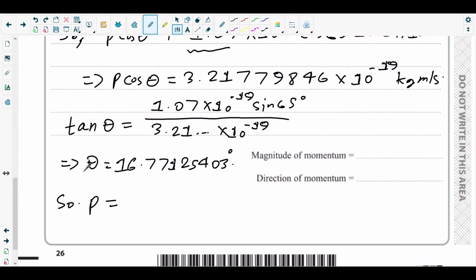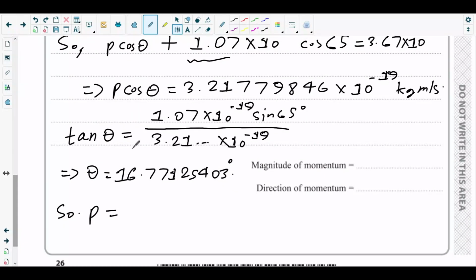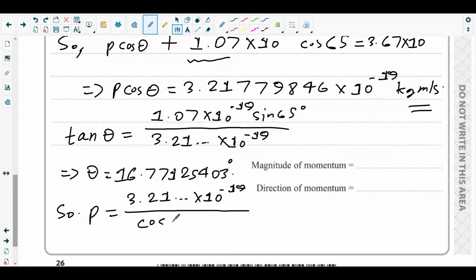So p equals, let's say I'm considering this equation, 3.21 times 10 inverse 19 over cos theta. So cos theta is 16.7 something. Now calculate.